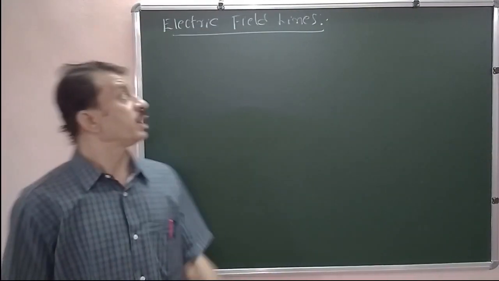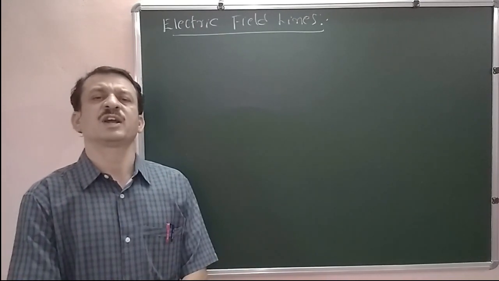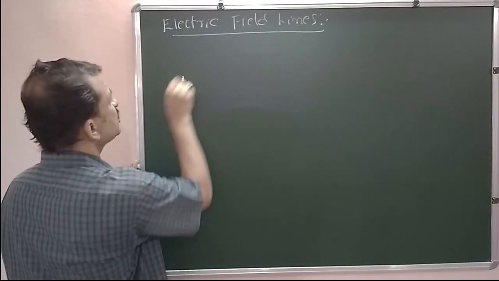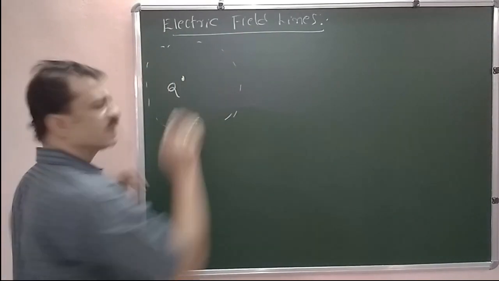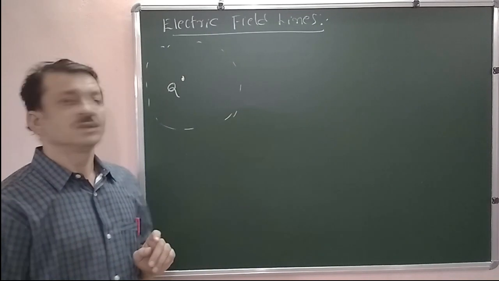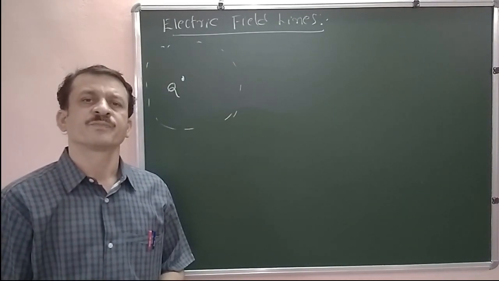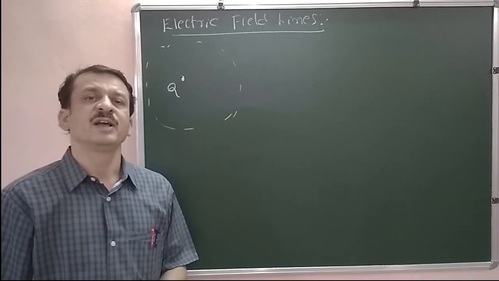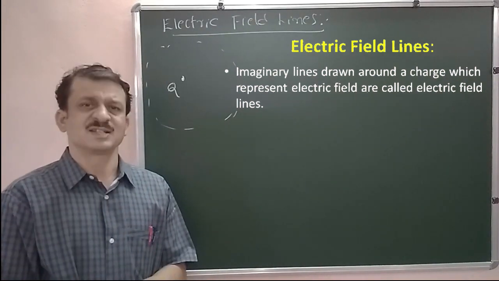Now we will study one important concept, electric field lines or electric lines of force. We have a charge around which there is an electric field. How can you represent the presence of an electric field? It is represented by imaginary lines drawn around the charges.